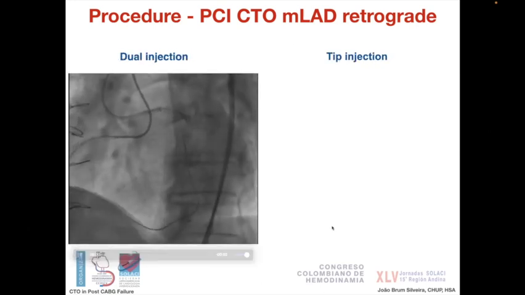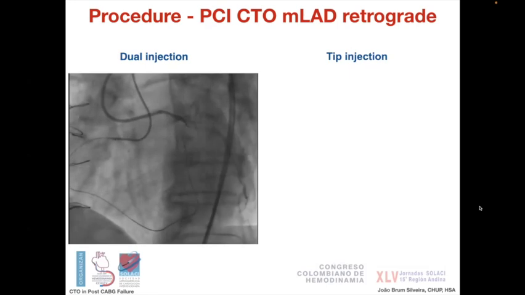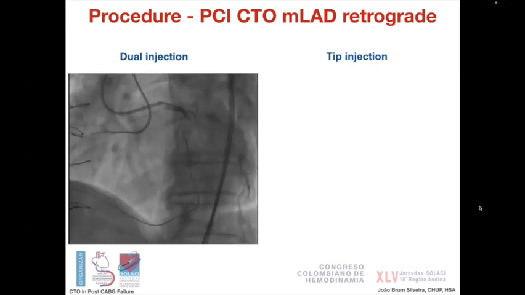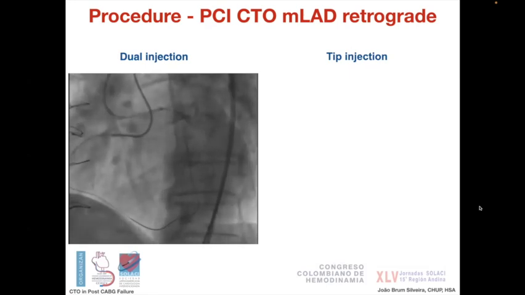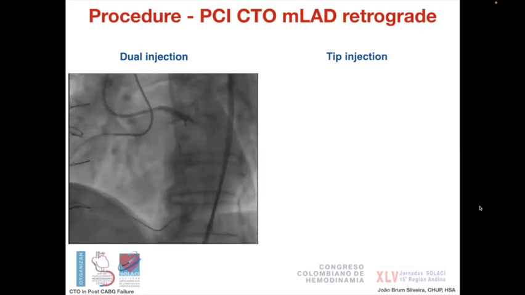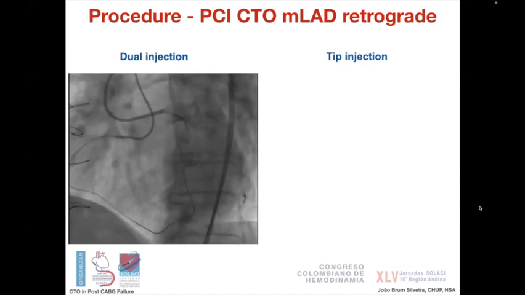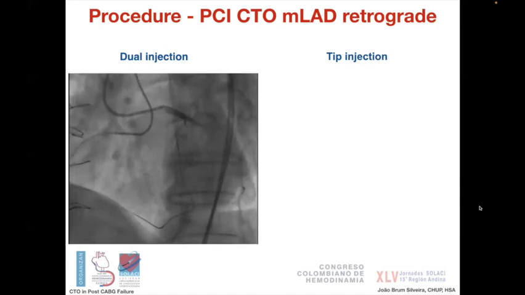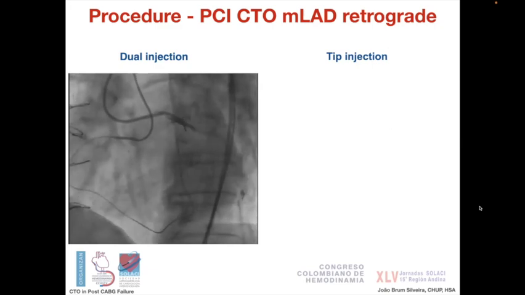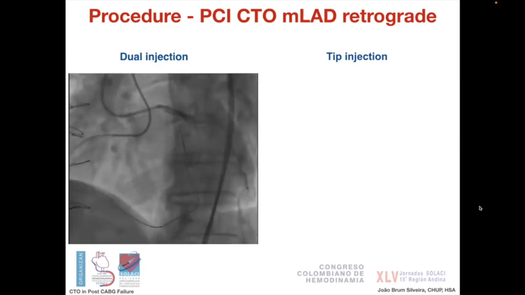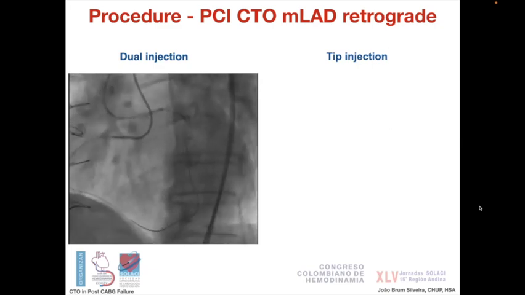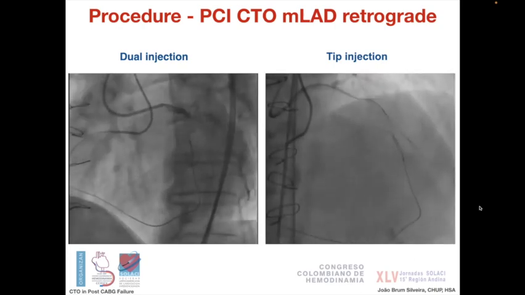Okay, another very important point in this complex case is how to understand the behavior of the retrograde wire. We performed an epicardial approach, and you can see there is a lot of anatomical distortion. This is how I can connect these two different wires. You can appreciate the difference in the movement and the knuckle of the retrograde wire.